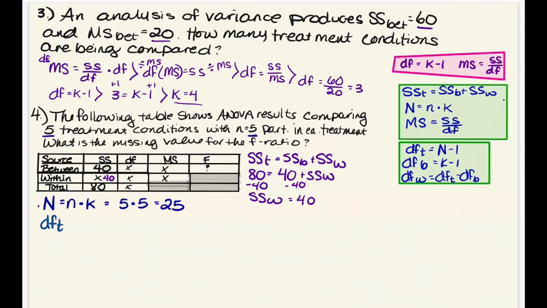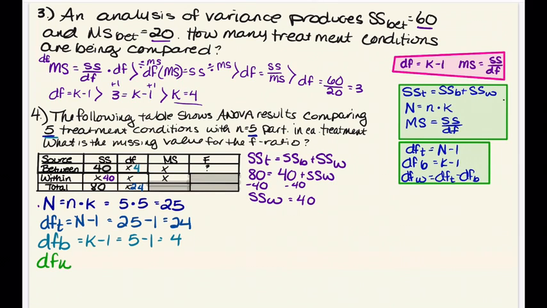Then we'll use that number and subtract 1 to find the total degrees of freedom, which will be 24. The degrees of freedom between are equal to the total number of treatments minus 1 and are equal to 4.